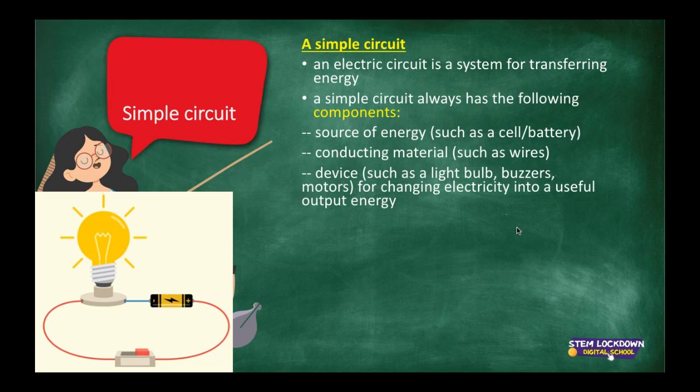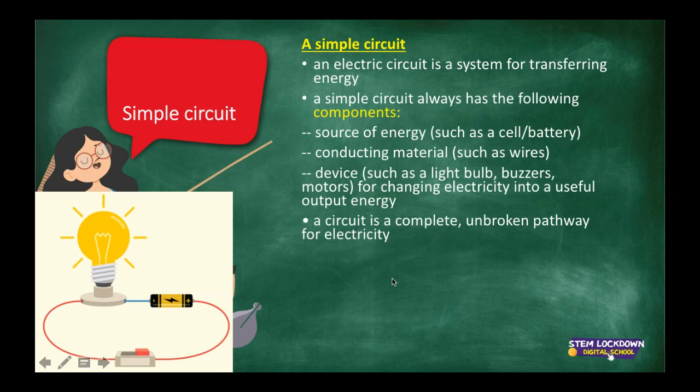So if it's light, it would be a light bulb, and so forth. So please remember those three components that make up a simple circuit. All right, we've got a battery, wires, and a light bulb or a buzzer or motors. Please do remember that.